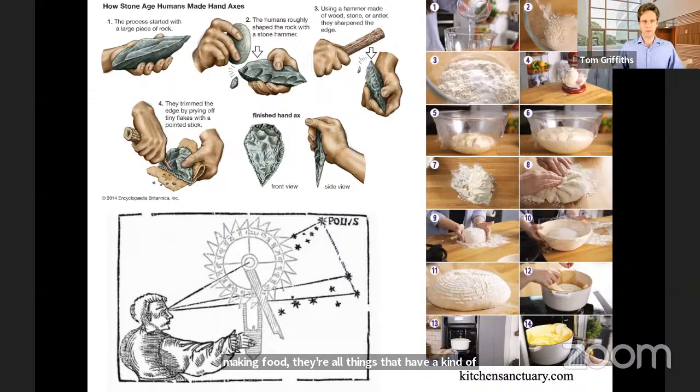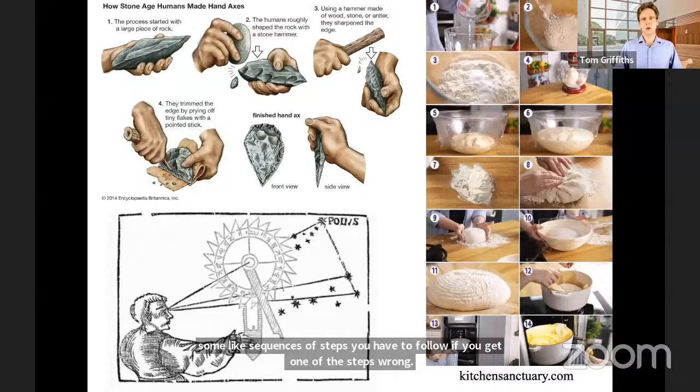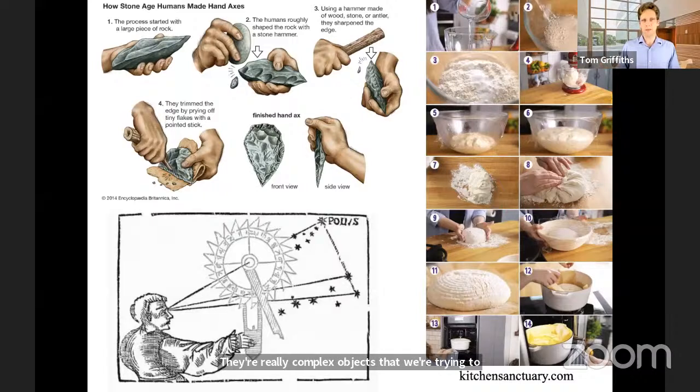There's a sequence of steps you have to follow. If you get one of the steps wrong, it doesn't work. You can have disastrous consequences. They're really complex objects that we're trying to transmit. And they could potentially be very counterintuitive, in a way that makes them subject to these kinds of influences from inductive biases that would make it hard for us to not only transmit, but also maybe innovate on these methods.